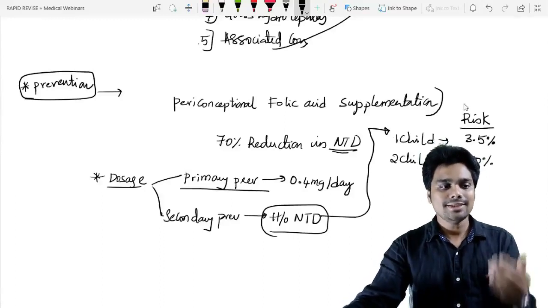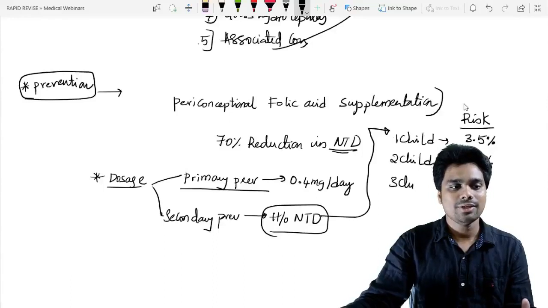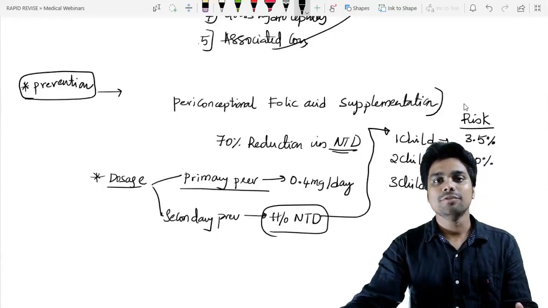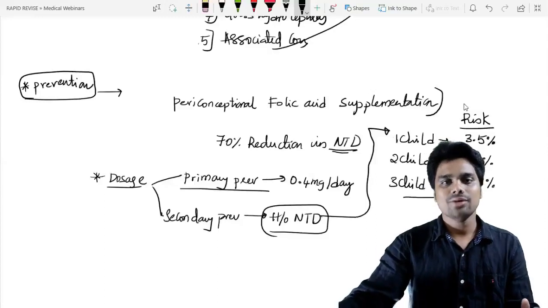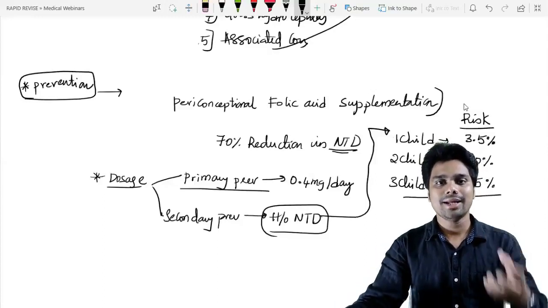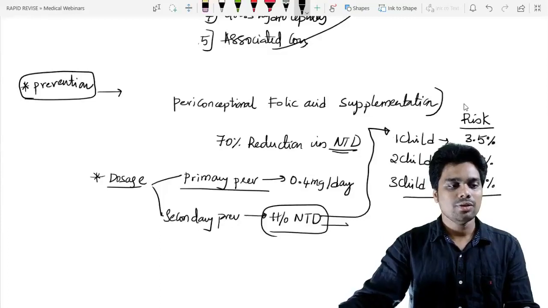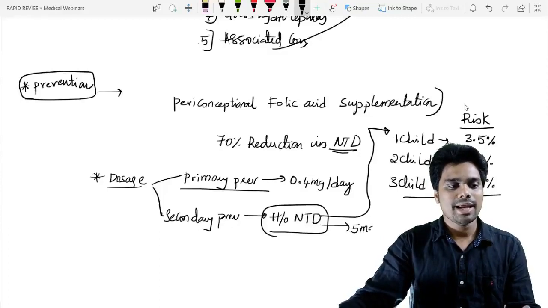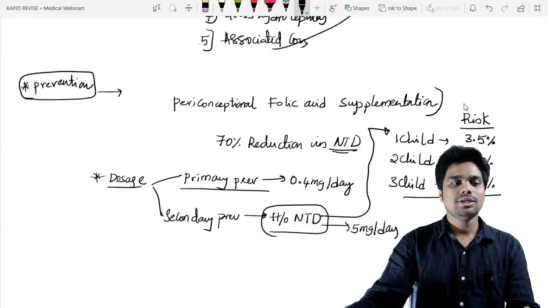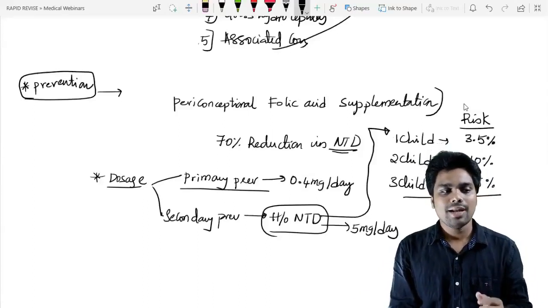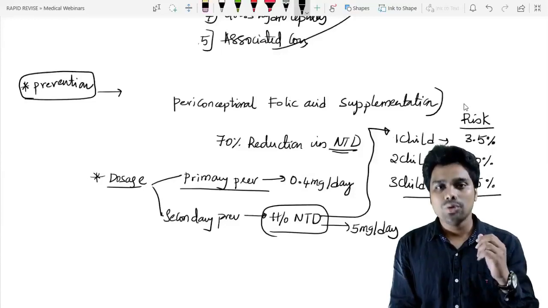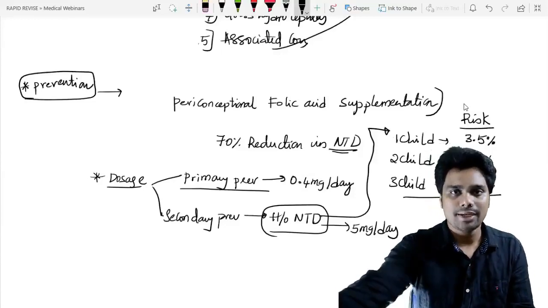And if 3 children are affected with neural tube defect, the risk for the 4th child is 25%. So in these scenarios, the dosage will go up to 5 milligram per day. So for primary prevention it is 0.4 milligram per day, whereas for secondary prevention, the dosage is 5 milligram per day.